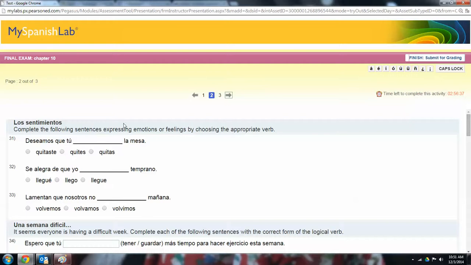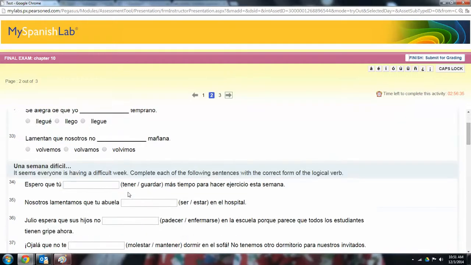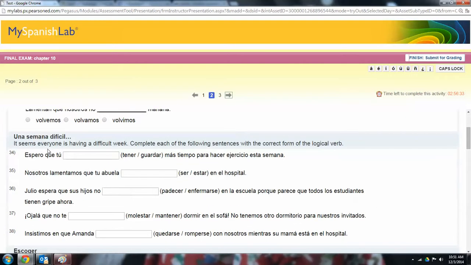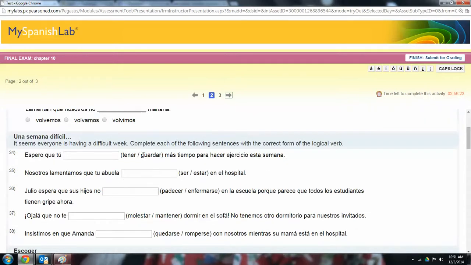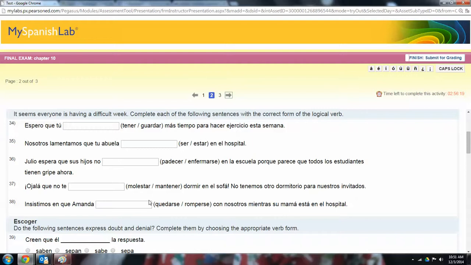So it continues on to the top of the next page. Then down here, it seems everyone is having a difficult week. Complete each of the following sentences with the correct form of the logical verb. Again, this is one of those where you are dealing with whether or not you need to conjugate your verb into the subjunctive. So you may use subjunctive or you may use present tense.